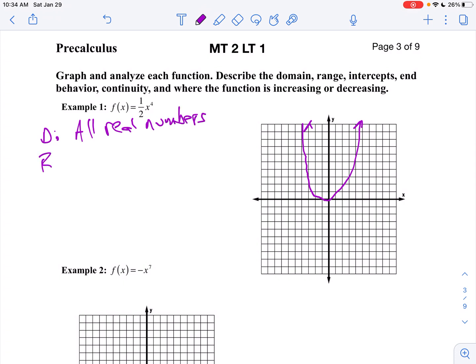My range, notice, it starts at 0 and goes up. So I'm going to go from 0 to positive infinity. My intercepts, both x and y intercepts are 0.